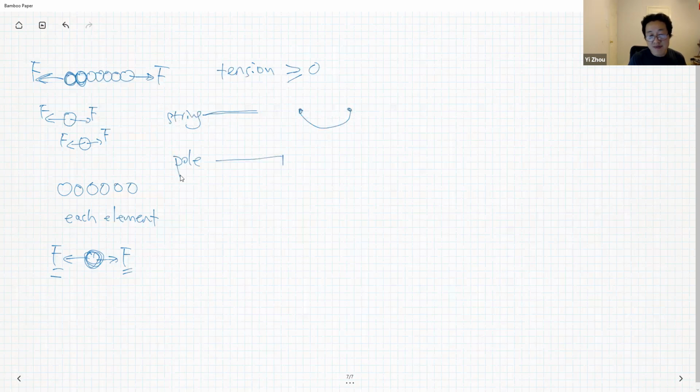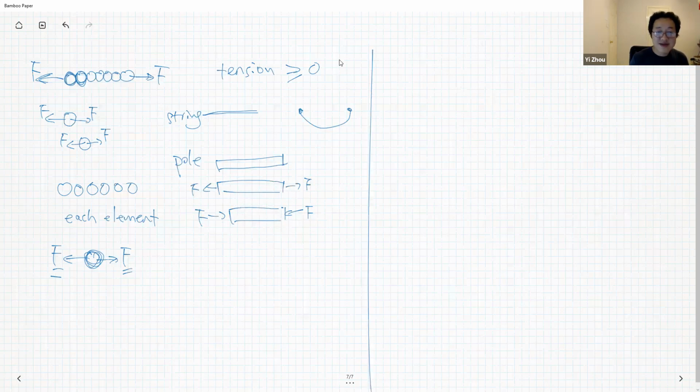A pole is something you cannot stretch, but you also cannot compress. So for a pole, we don't call it tension, because you can have a pole with force pulling both ways, or you can have both ways pushing inside. Okay, so that is the tension force.